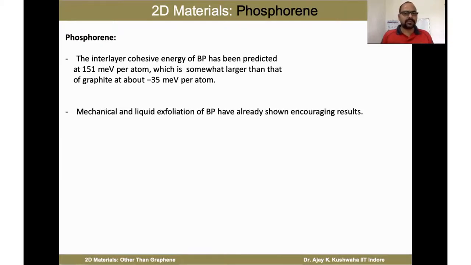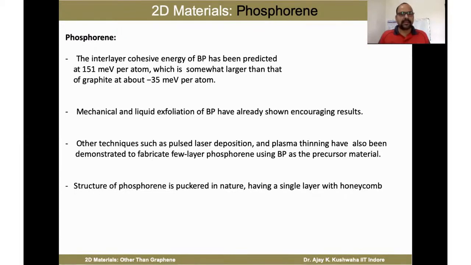However, it is possible, and mechanical as well as liquid exfoliation of black phosphorus have been reported, and the results have demonstrated the achievement of monolayer, bilayer, or few-layer phosphorene. Other techniques such as pulsed laser deposition or plasma-based exfoliation have also been demonstrated, and phosphorene was fabricated.